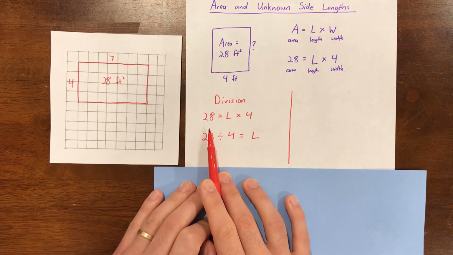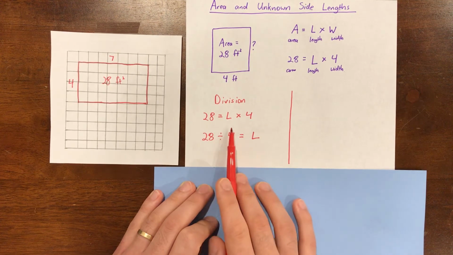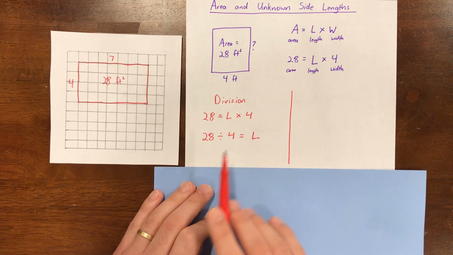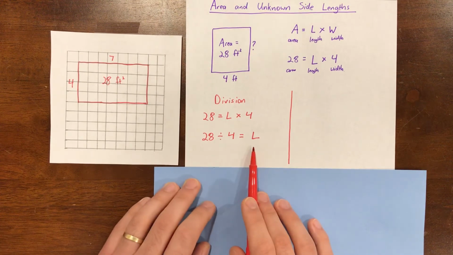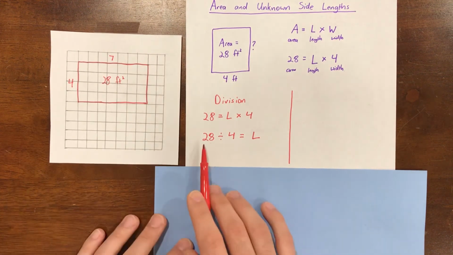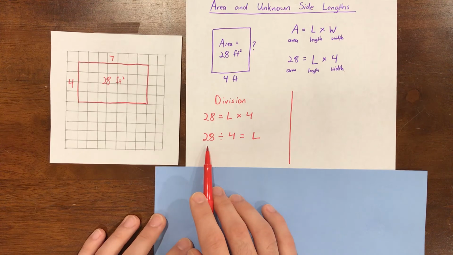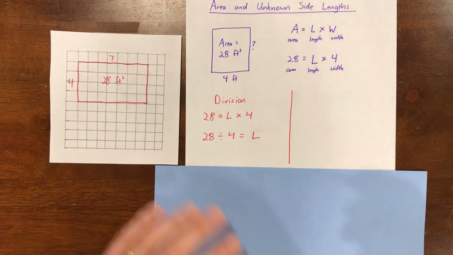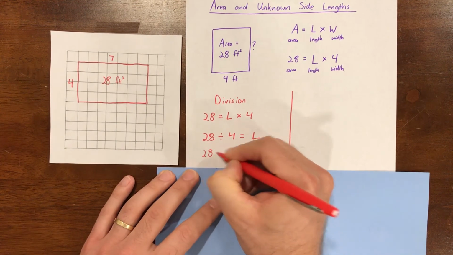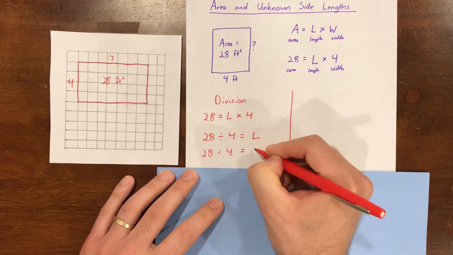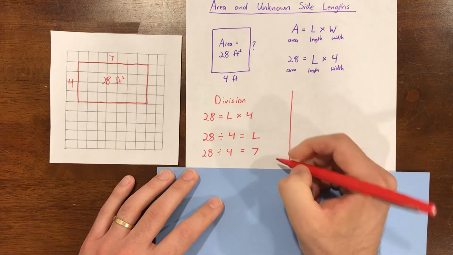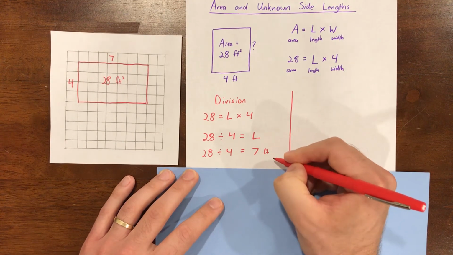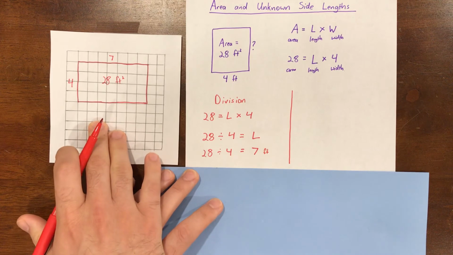If we know the total and the groups or the amount in each group, then we could think about this as division. Right? That's what division is. Taking a total that's being divided into equal groups and figuring out the number of groups or the amount in each group. So 28 divided by 4, that equals 7. So the missing length would be 7 feet. Great, same answer we got with our grid here.